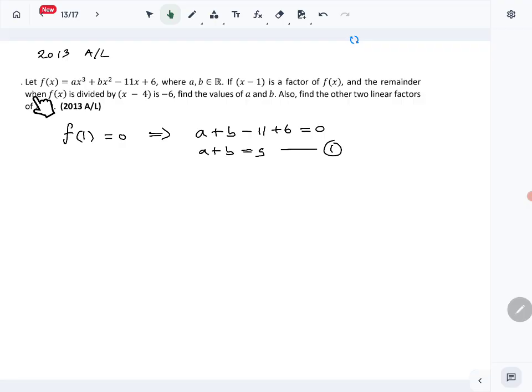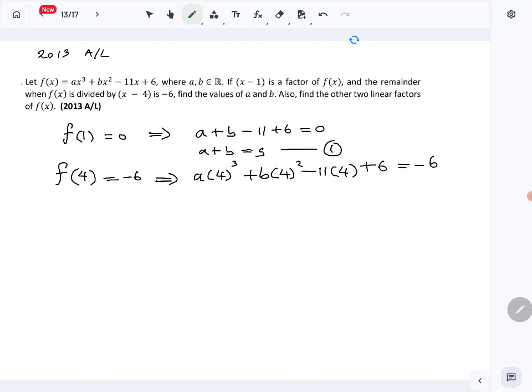Then using the remainder theorem, when f of x is divided by x minus 4, the remainder is minus 6. So that means f of 4 is minus 6. Using that we get a times 4 cubed plus b times 4 squared minus 11 times 4 plus 6 equals minus 6. So simplify: 64a plus 16b minus 44 plus 6, minus 38 goes to that side, becomes plus 32.